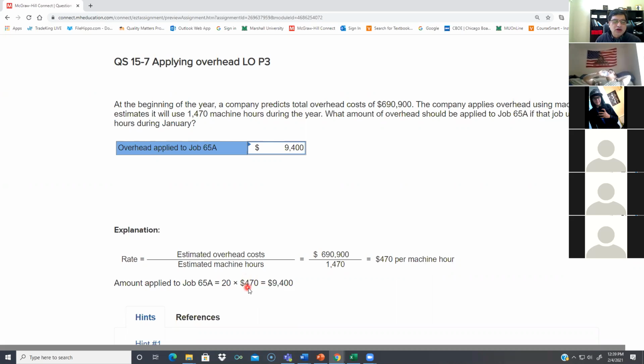At the rate of $470 per machine hour, that gives you $9,400 for this particular job of applied overheads. Does everyone understand this, please?